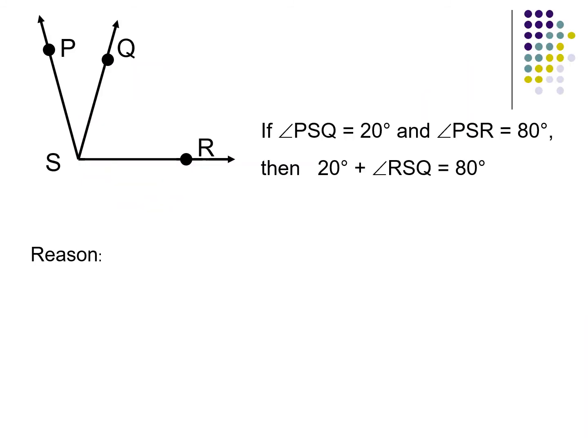So, let's see who's really been paying attention. You've got PSQ is 20. PSQ, that's right up in there, 20 degrees. And then PSR, now be careful. PSR, that's the whole thing, is 80. And so I know you're thinking 60, but that's not what the next sentence says.